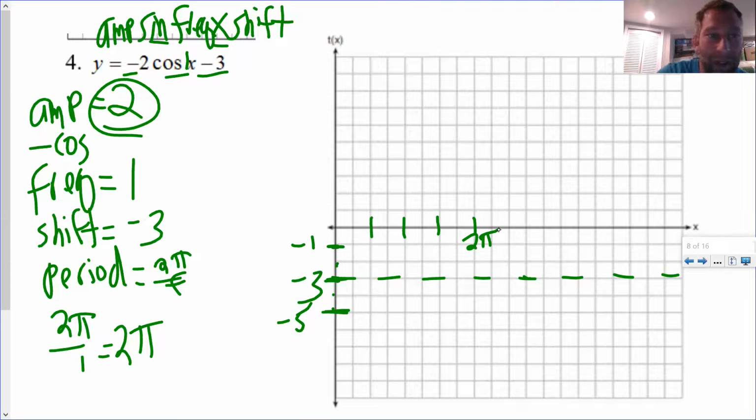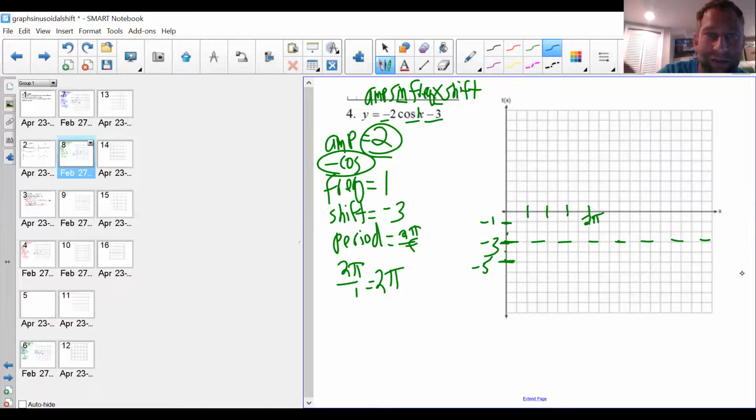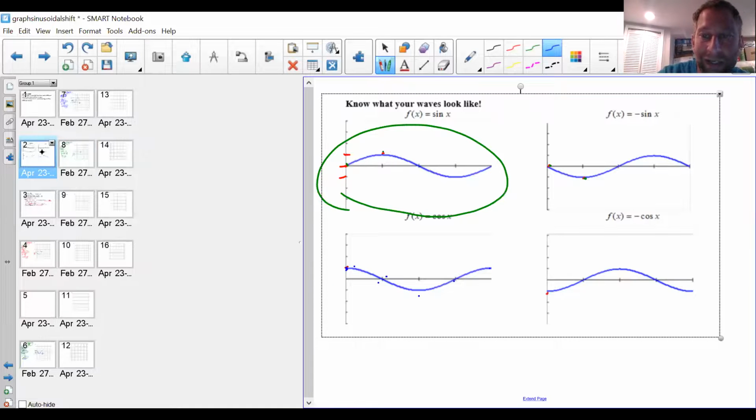Now I'm going to see what my negative cosine wave looks like, if you don't have it memorized already. Negative cosine starts at the bottom, then middle, top, middle, bottom. Bottom, middle, top, middle, bottom.